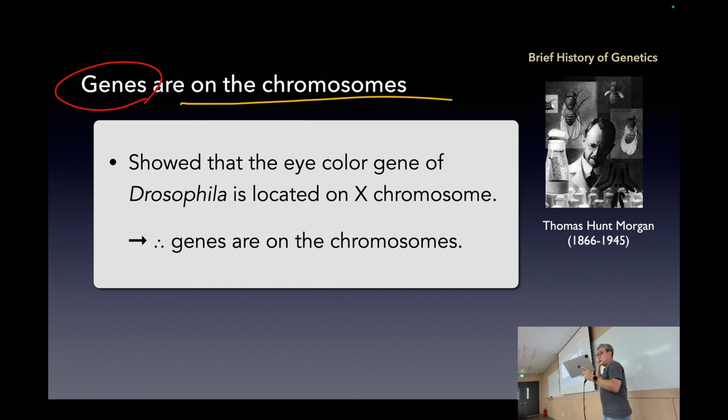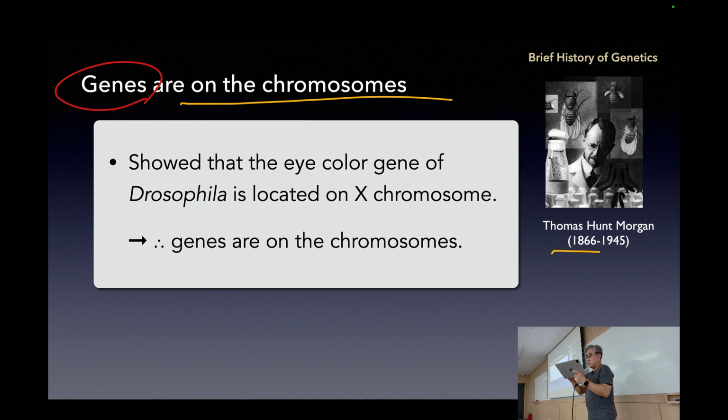But the final nail in the coffin, the final conclusion, was made by the work of the famous, renowned Thomas Hunt Morgan, who was an expert in Drosophila, the small fly.